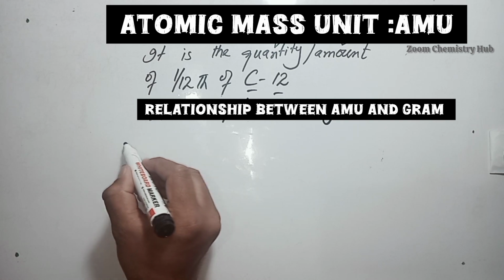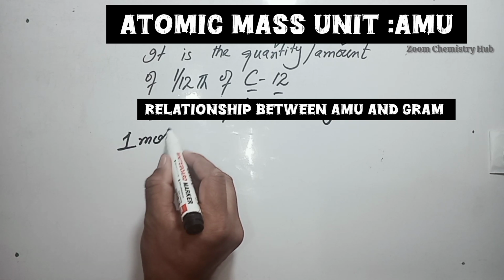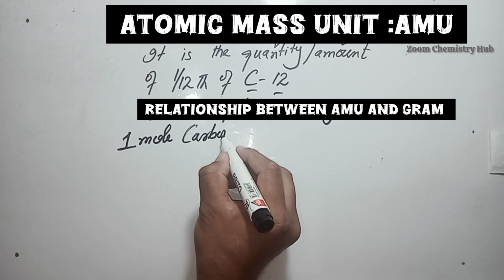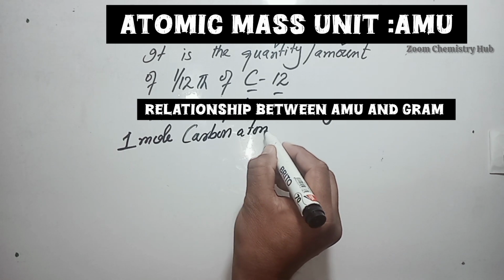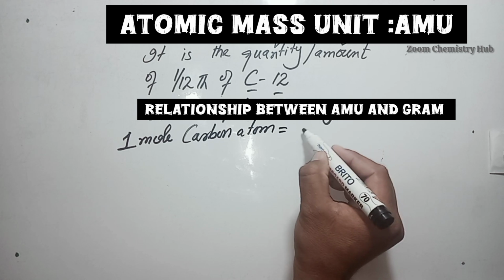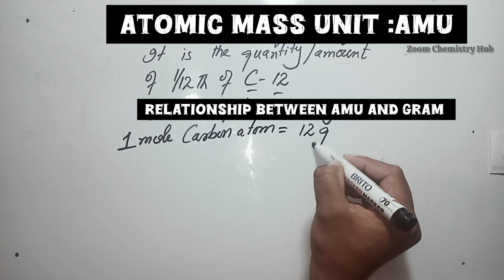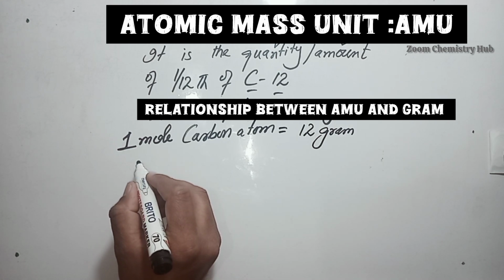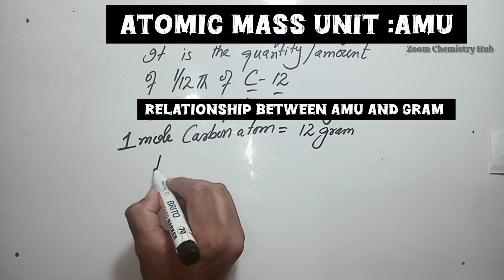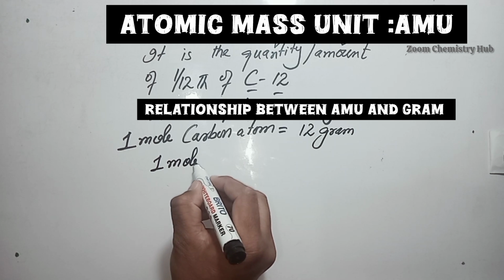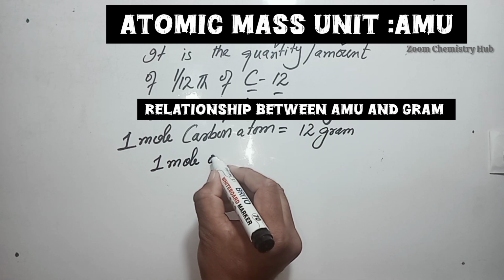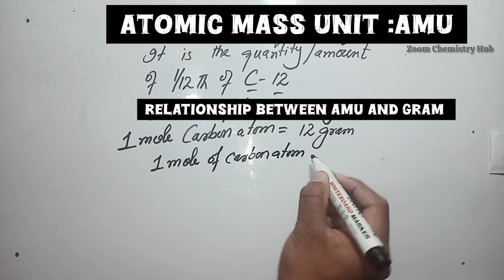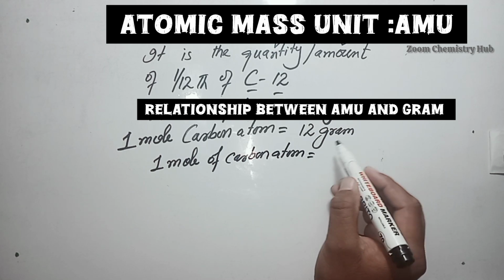As we know that 1 mole of any substance, or 1 mole of carbon atom, has 12 grams, and the quantity of 1 mole is, we know that 1 mole of carbon atom contains how many number of atoms?